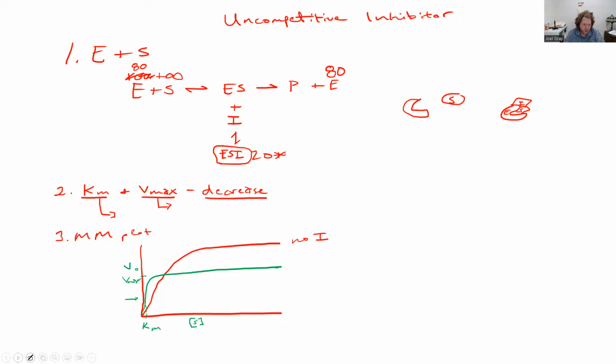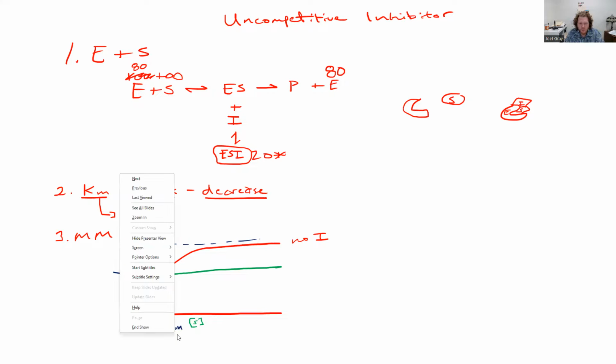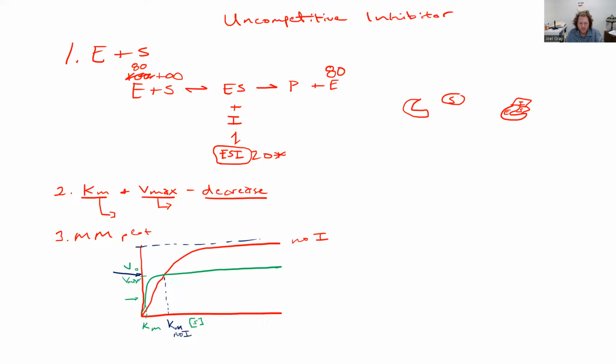Compared to our original Km, which I'm going to be plotting in blue, well, I have to know my Vmax is approximately there. Half of my Vmax for the no inhibitor present is going to be about there. So looking at this red line, and it just happens that these two lines intersect, this is our Km with no inhibitor. Okay, so there's a Michaelis-Menten plot.